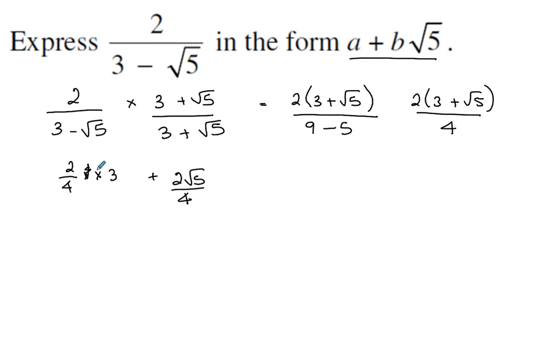Here we can see 2 times 3 is 6, divided by 4, which is 1.5. And here we've got 2 over 4, which is a half, so we've got 0.5 surd 5. So our final answer is 1.5 plus 0.5 surd 5.